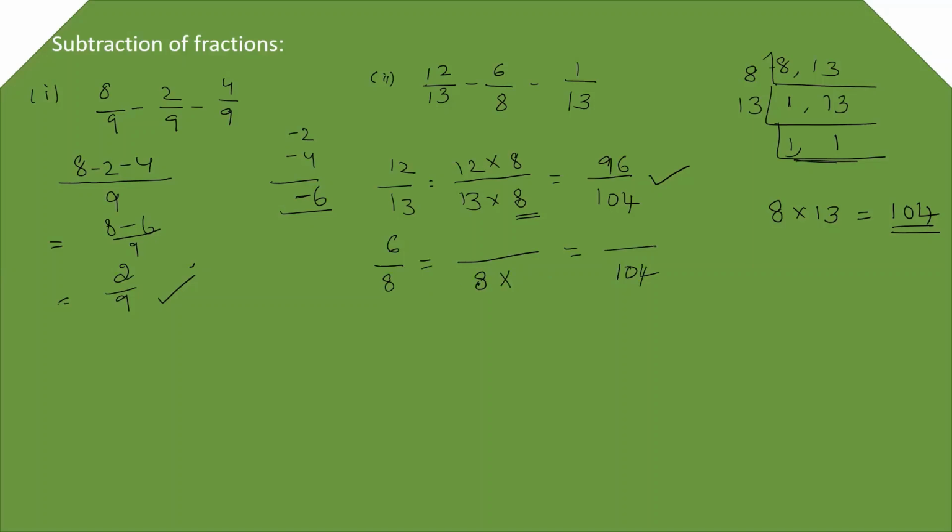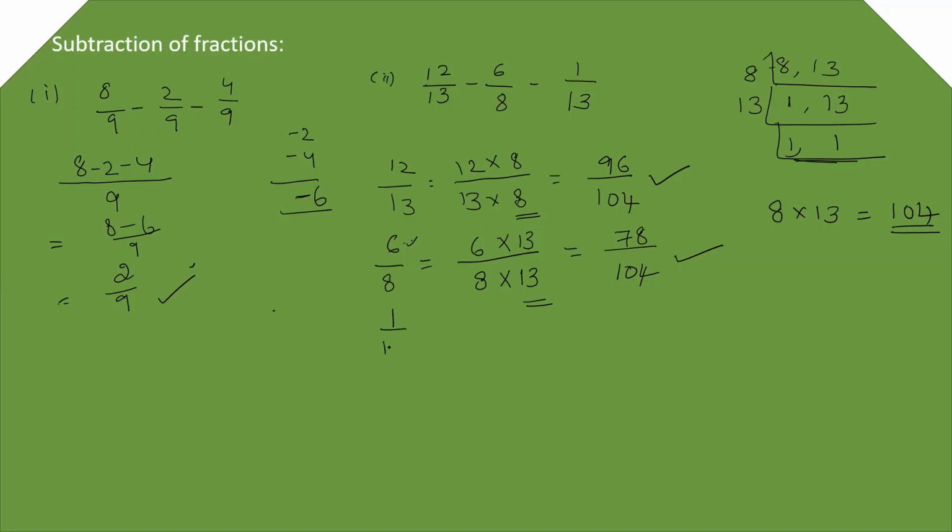I have to multiply 8 with 13 to get 104. The same number 13 we have to multiply in the numerator. I have 6 in the numerator, so 6 into 13. 13 sixes are how much? 78. 78 by 104.